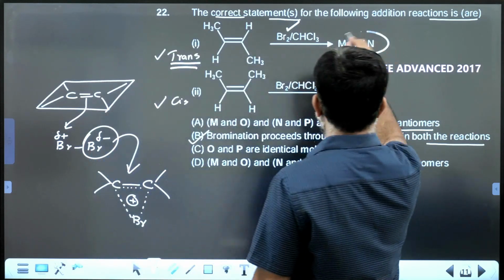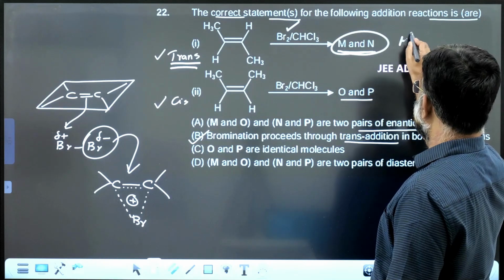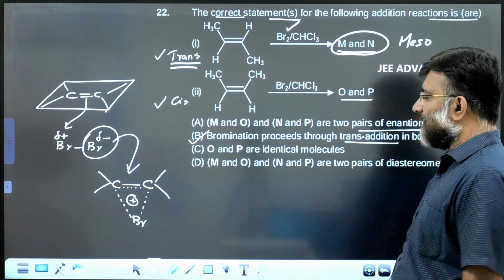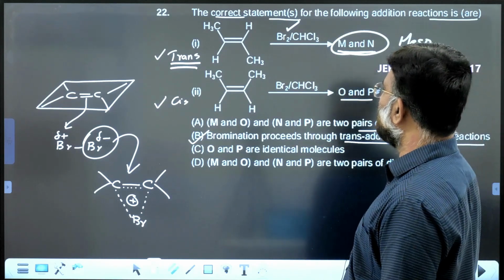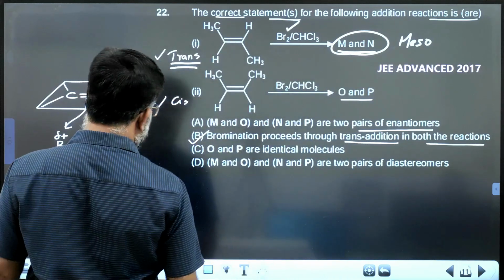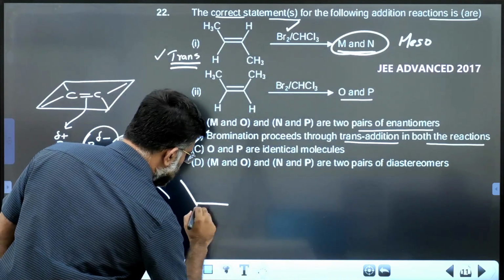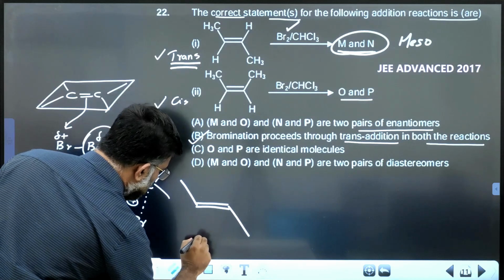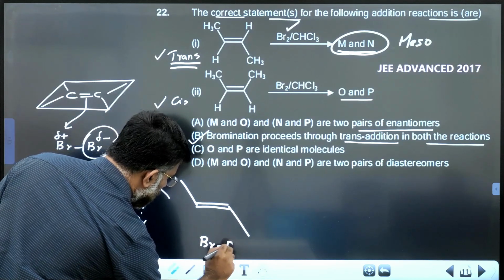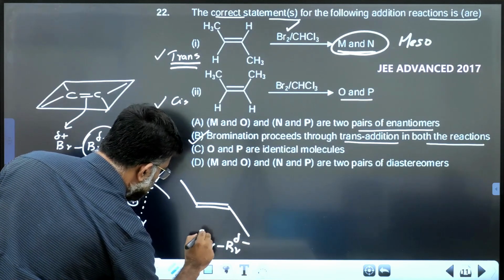So M and N are meso products. What will be the meso product? This molecule undergoing anti-addition. We have Br, delta minus, delta plus.